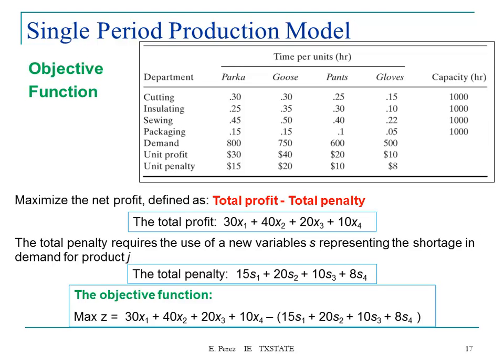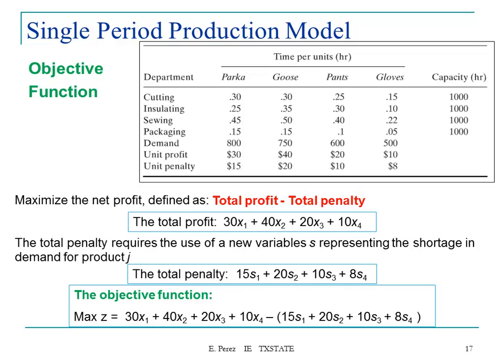And we are trying to maximize our profit. That's very important. You are trying to maximize your profit by selling those units that will generate a profit when you take into account the penalties. Any questions so far? Very good.